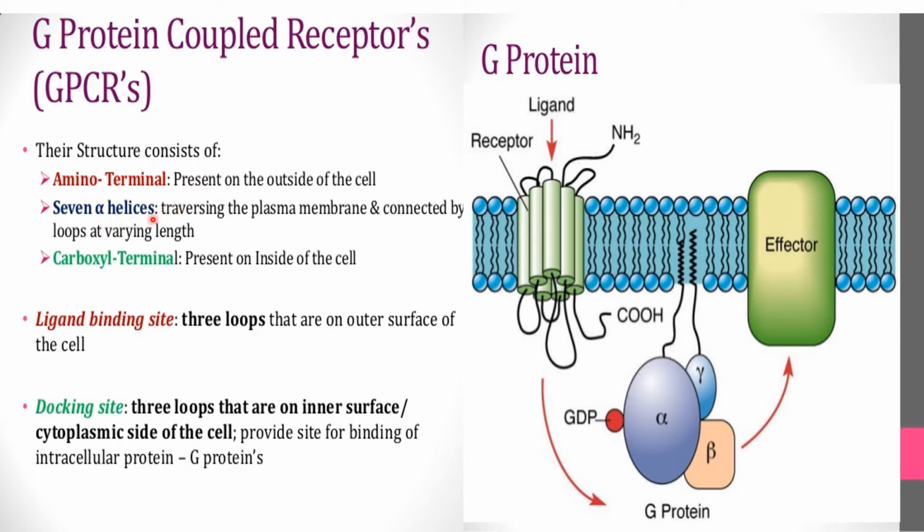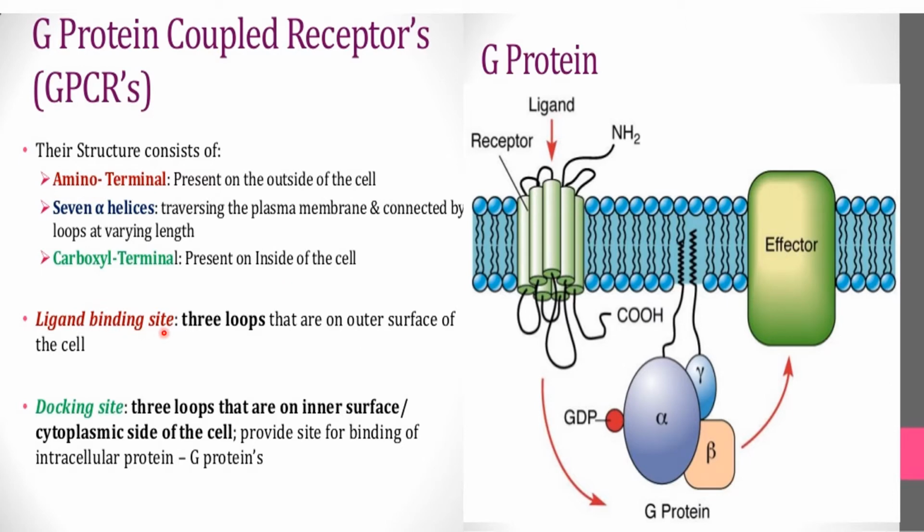The 7 alpha helices traverse the plasma membrane and are connected by loops of varying length. Here you can see the loops, and these are the 7 lengths of the helix which are attached together by these connecting loops. The ligand is going to attach on this receptor on the surface of the cell, and after attachment of the ligand, the G protein is activated, which induces the further effector molecules.